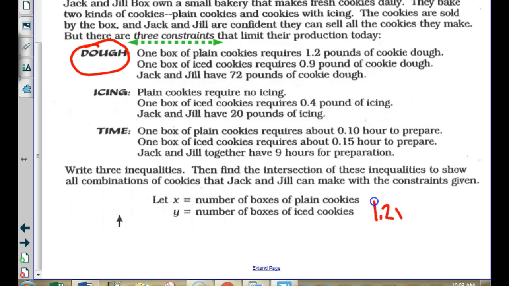So 1.2 times the plain ones, plus how much for the iced ones? 0.9 times the iced ones has to stay less than or equal to how much dough do we have to work with? 72 pounds. Everybody okay?